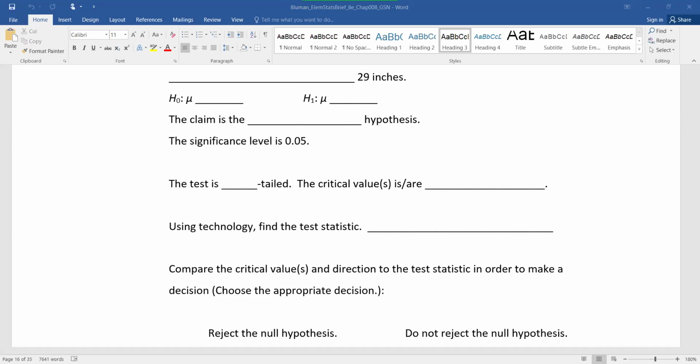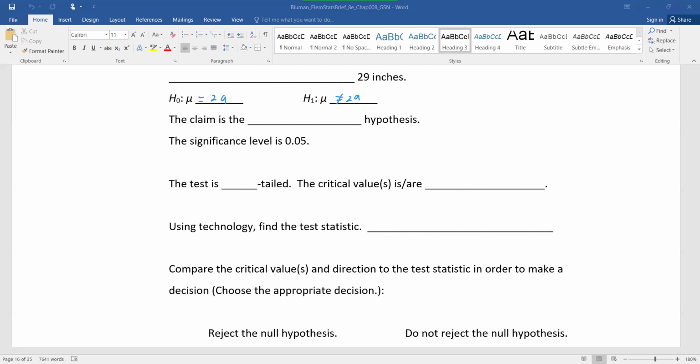All right, so now we can get to the part that we're probably more familiar with. The null hypothesis: the mean is equal to 29. And the alternative hypothesis would be not equal to 29. So what is your claim here? Are you claiming the null or the alternative?